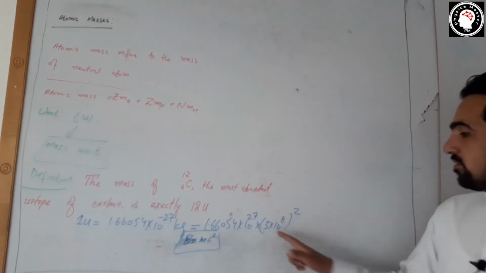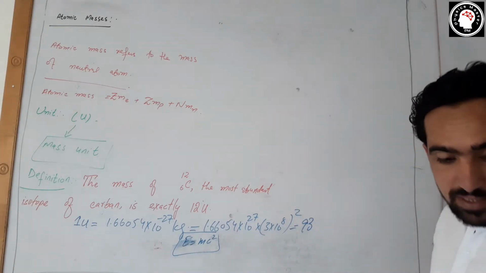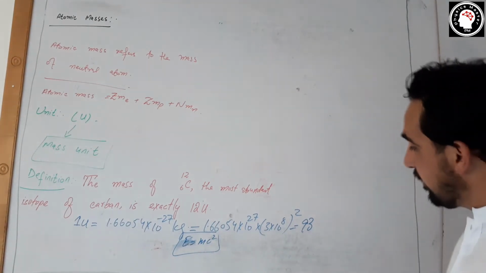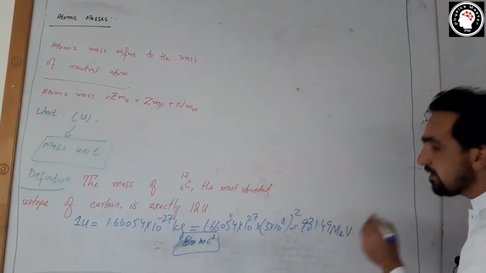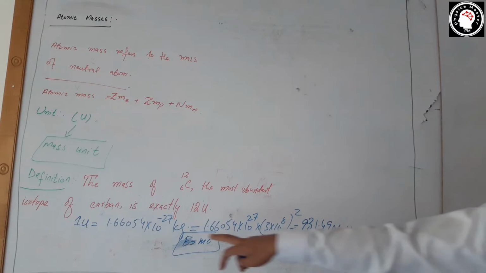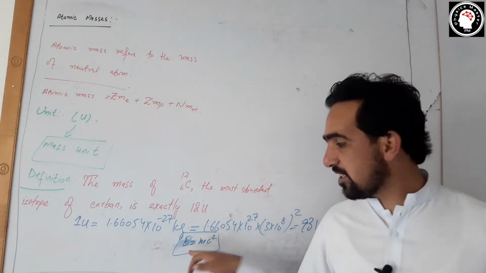This will give us 931.49 mega electron volt of energy.